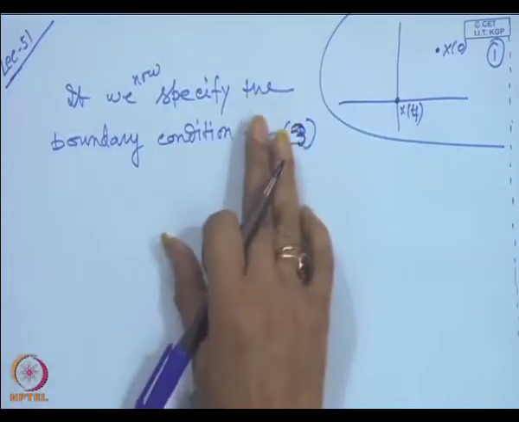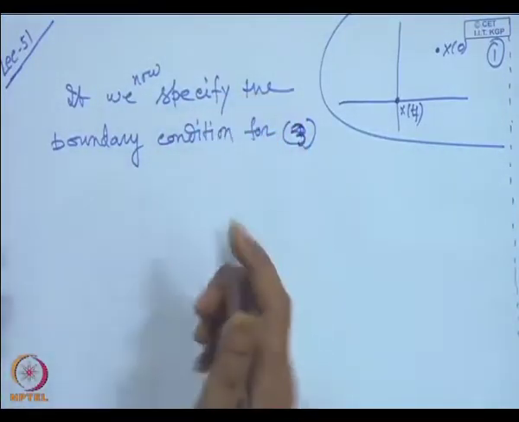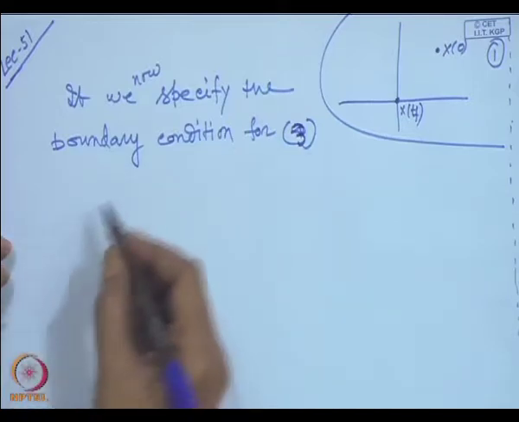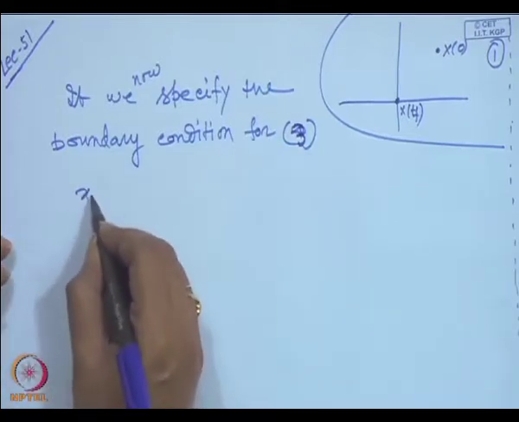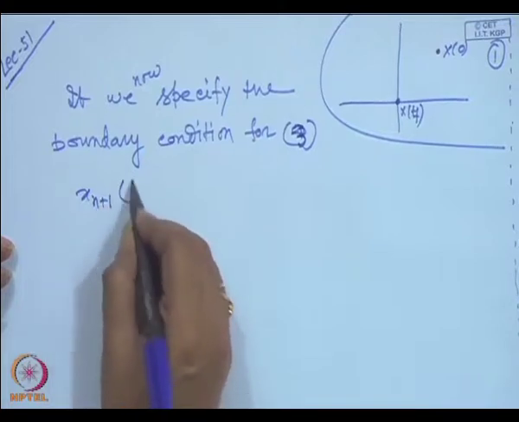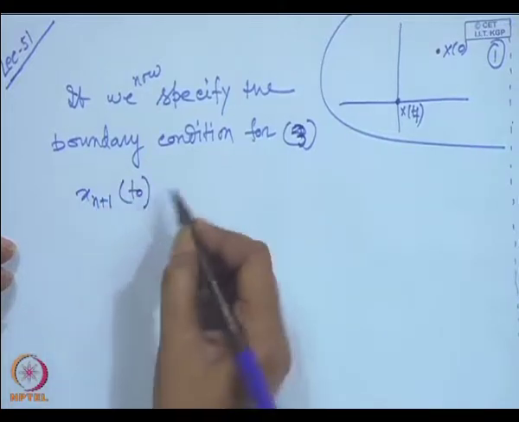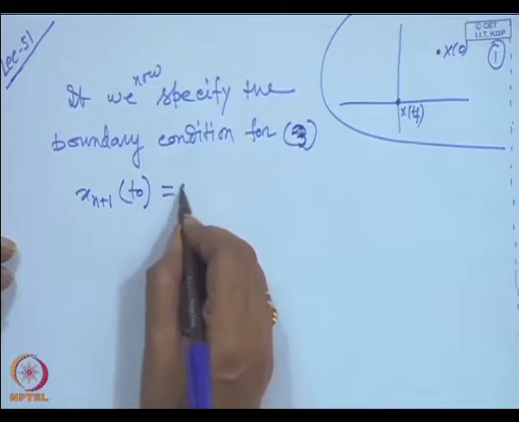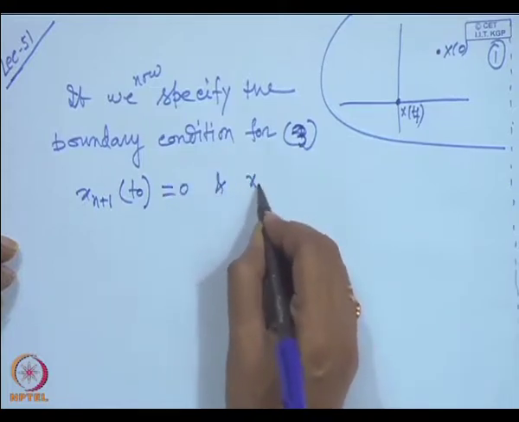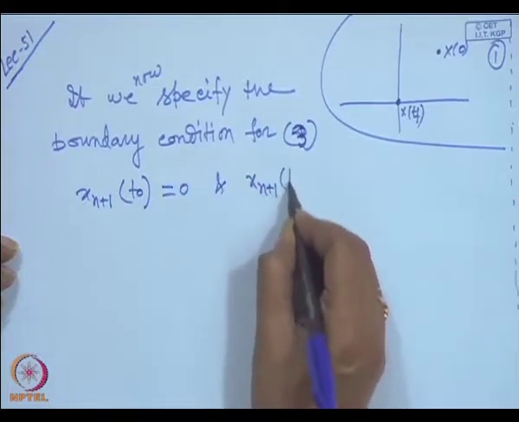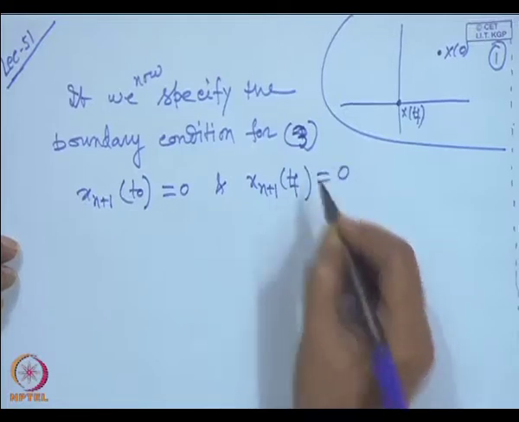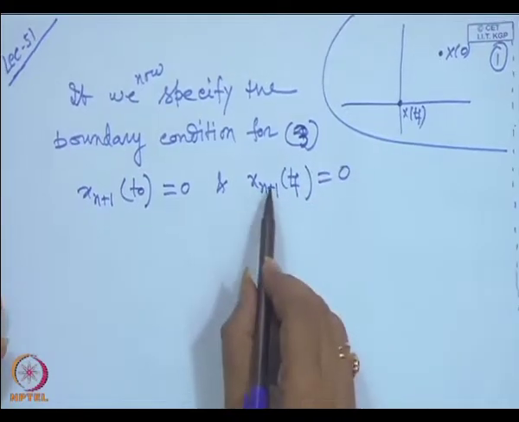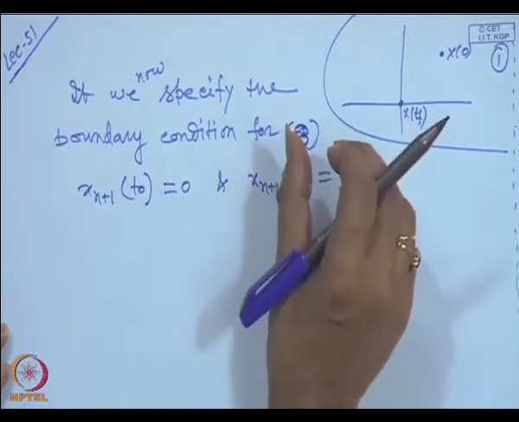Now, you introduce some specific boundary condition for equation 3, that x n plus 1 of t 0, the initial time t 0, is equal to 0 and x n plus 1 of t f is equal to 0. Because all the inequality constraints must be satisfied, at the terminal condition this must be satisfied.